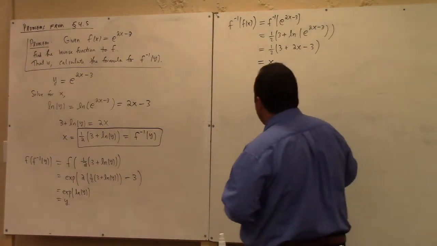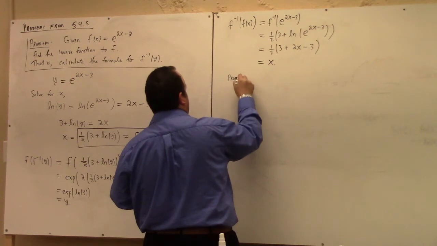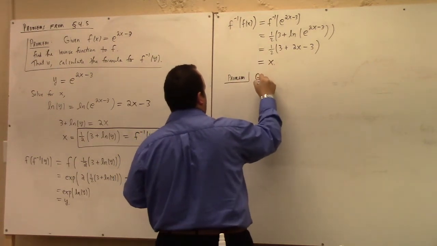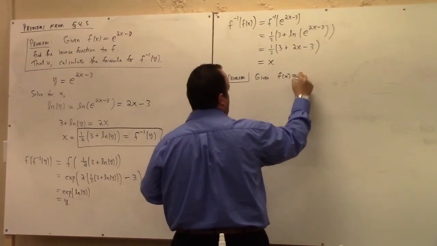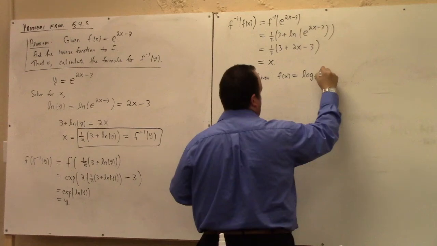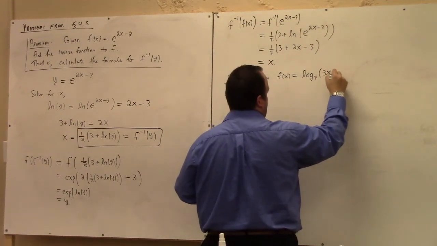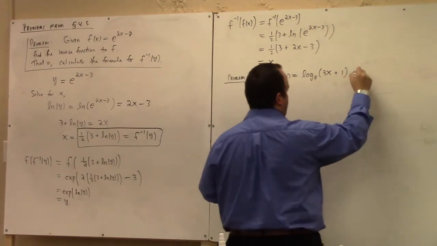Let's do one more of these. Can we find the inverse given f of x equals log base 7 of 3x plus 1? Find the inverse, right?